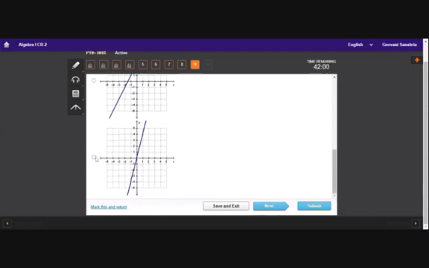Because remember, direct variation, it's just some number times x. If you were thinking about y equals mx plus b, the b part is 0. There is no b part. It's just the mx, or in this case, they said kx. So it would be that one. There is no plus b part for varying directly.